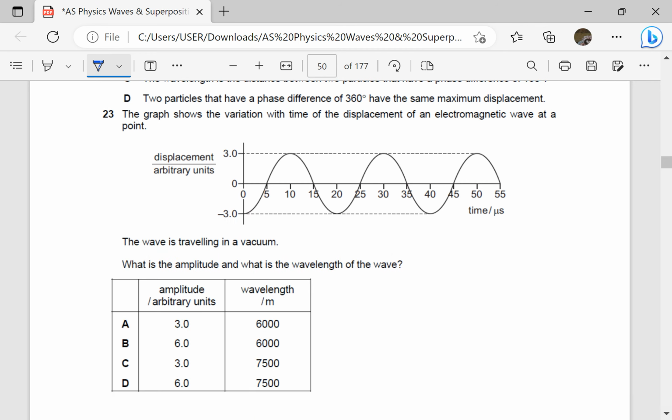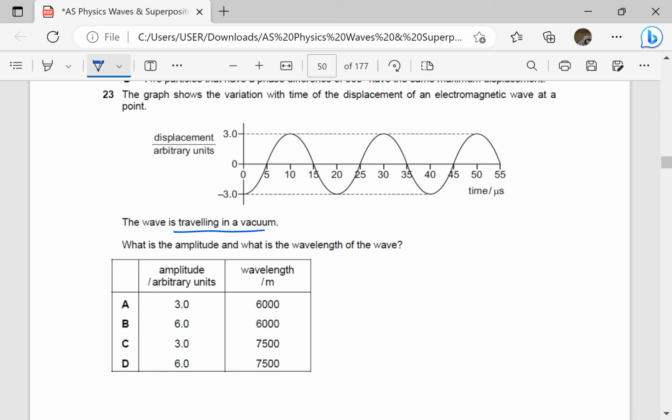The graph shows the variation with time of the displacement of an electromagnetic wave at a point. The wave is traveling in a vacuum. What is the amplitude and what is the wavelength of the wave? Of course, amplitude we see from the graph is 3. So B and D are going to be wrong.